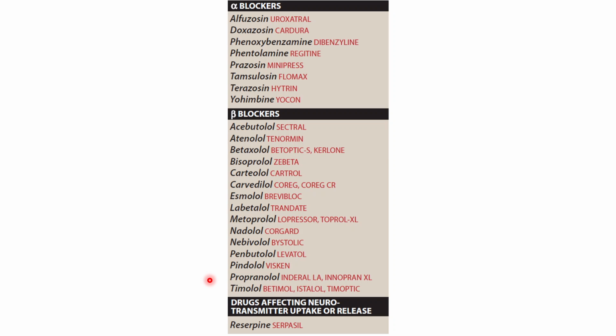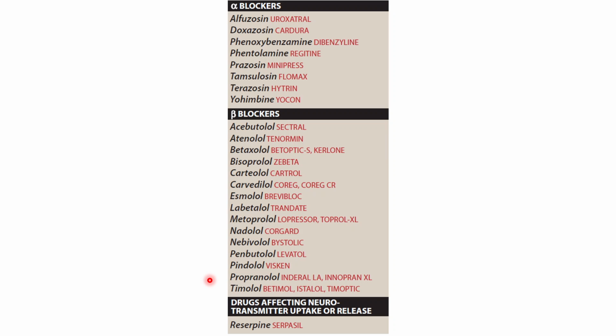That is why propranolol can be used for the prophylaxis. And then also hyperthyroidism can be treated by propranolol, because epinephrine is released in the patients with high thyroid hormones.